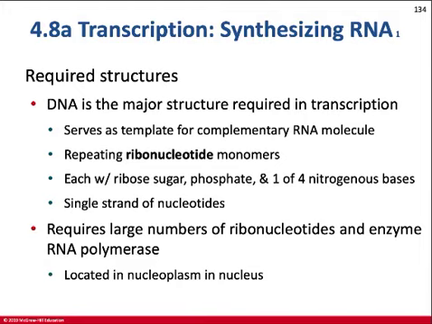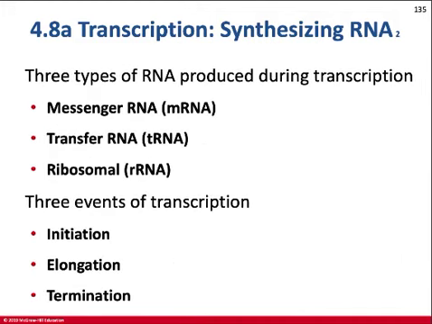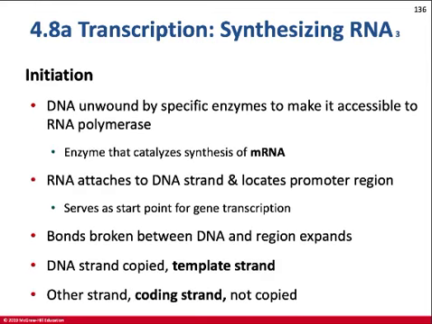RNA is just the temporary copy of the genetic material in the form of messenger RNA. It contains ribose as the pentose sugar instead of deoxyribose. Other important RNAs include ribosomal RNA, which is a structural component of the ribosome, and transfer RNA, which is the molecule that brings amino acids to the complex of the ribosome and the message in order to build the protein.